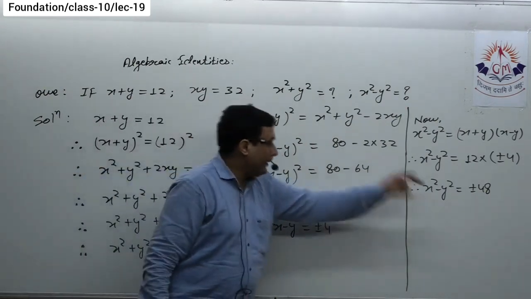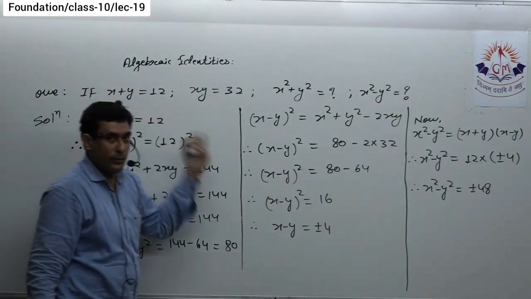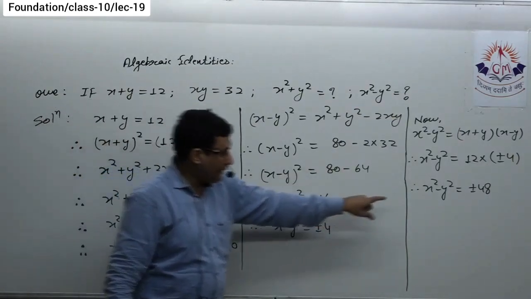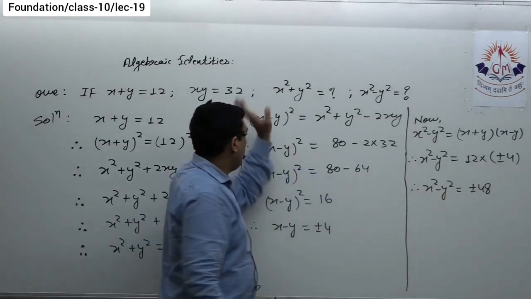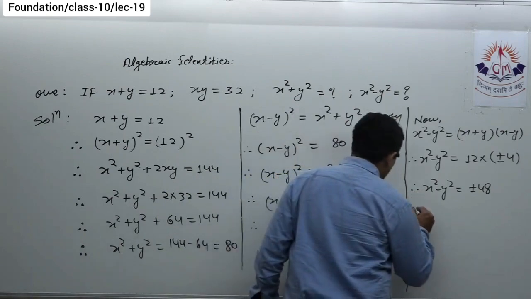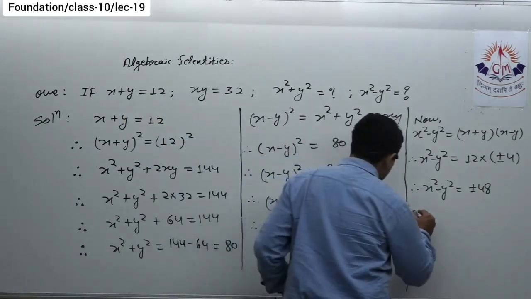Now as I told you initially, it is possible to get the value of x and y by hit and trial. So let us see whether x square minus y square is equal to plus minus 48 or not by the values that we obtained. What we had, x equal to 8 and y equal to 4, or vice versa.